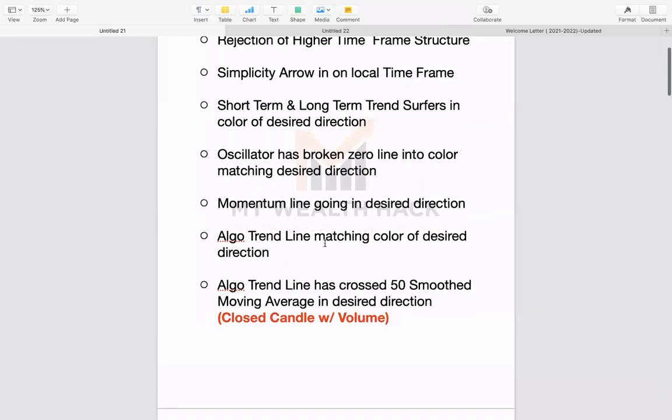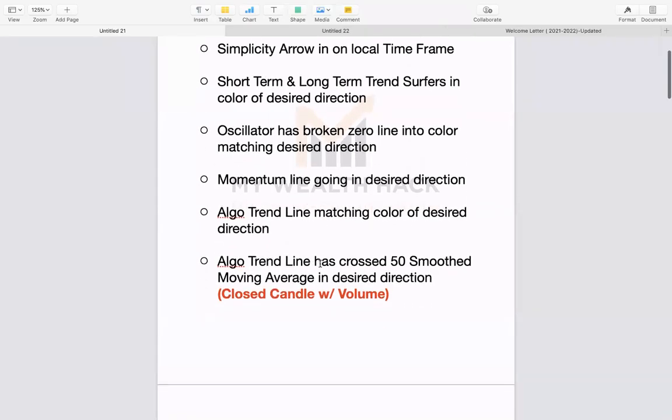So just to review one more time, we want the trend line that has crossed the 50 moving average with a closed candle, with volume. And I cannot stress this enough, guys.